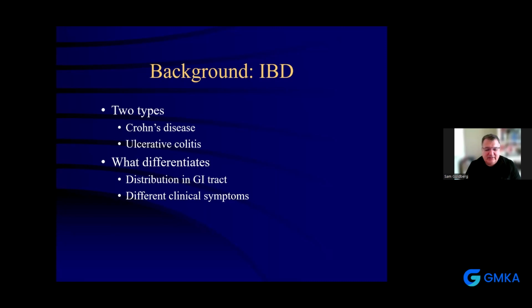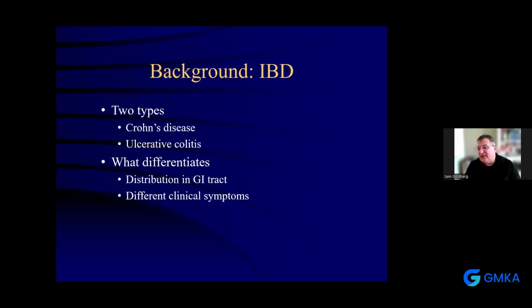One of the things that's really, really important to understand about this distribution is once somebody is on treatment for the disease, whether it clinically looks like ulcerative colitis or clinically looks like Crohn's disease, there can be skip areas of disease.